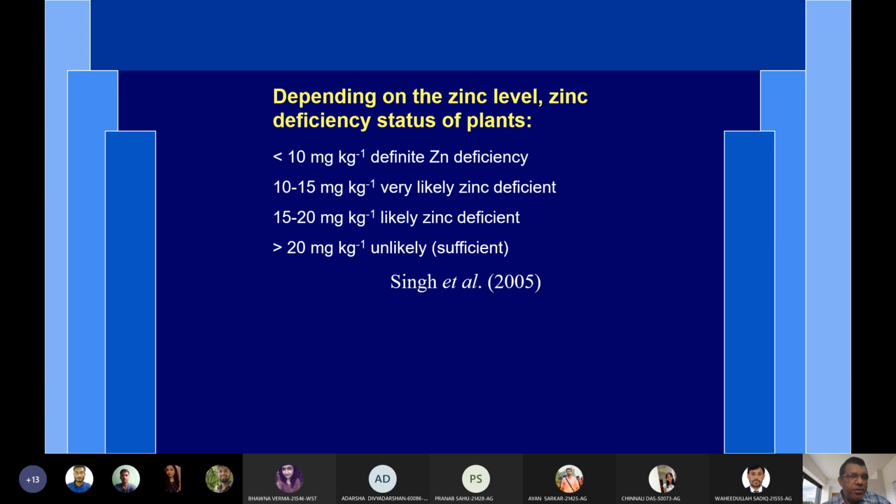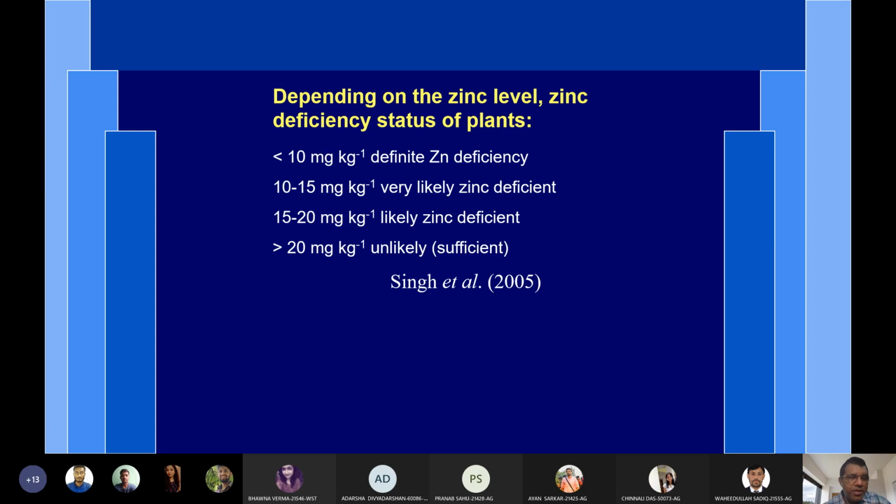Now, depending upon the zinc level, the zinc deficiency status of the plant. Now you see in the plant what happens if it is less than 10 milligram or 10 ppm, across all the plants. Then there is definite zinc deficiency. If it is 10 to 15 ppm, very likely zinc deficient.